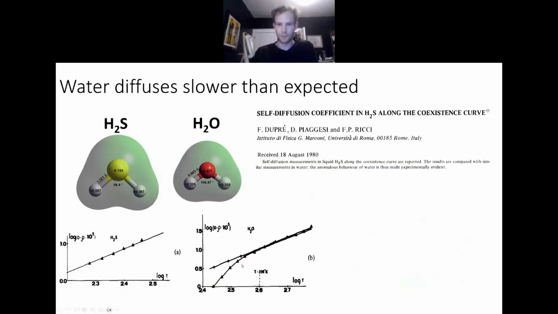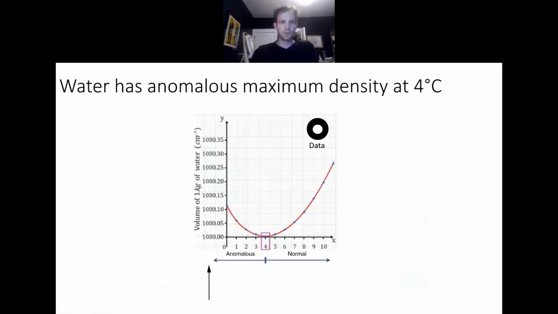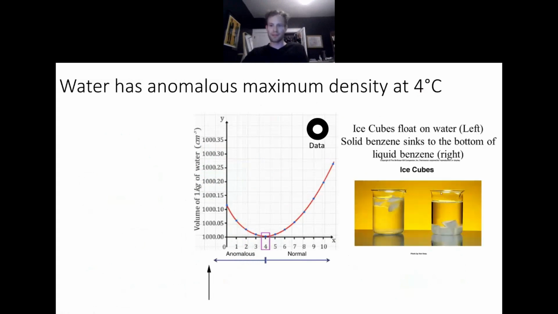So the last water anomaly that I want to talk about is water's anomalous maximum density at 4 degrees Celsius. What this is inferring is that normal chemicals that aren't anomalous, like benzene, if you have liquid benzene and liquid benzene ice cubes, the ice cubes will sink.